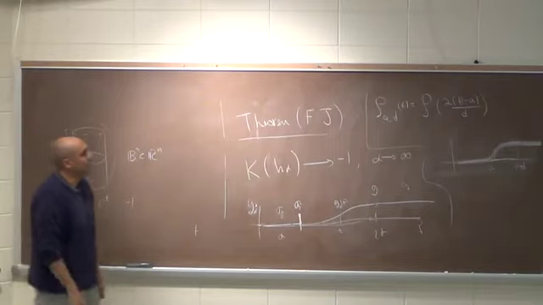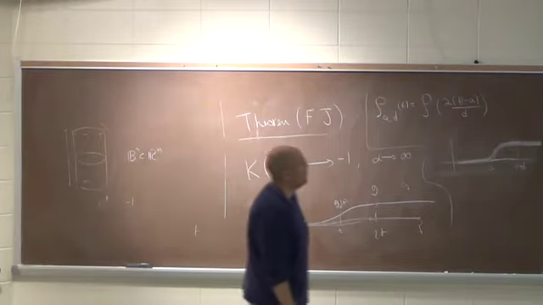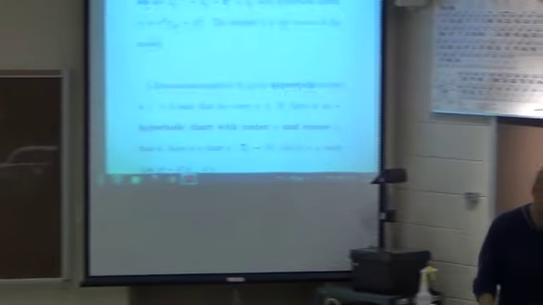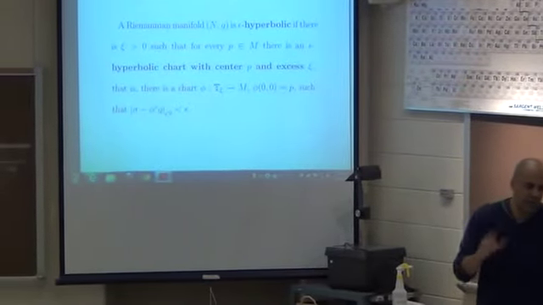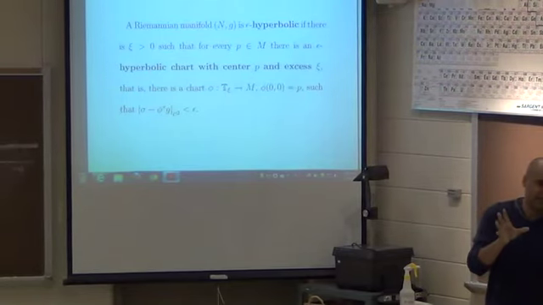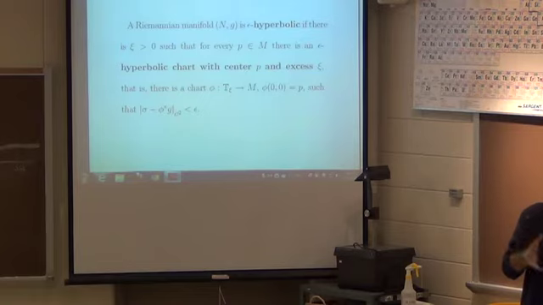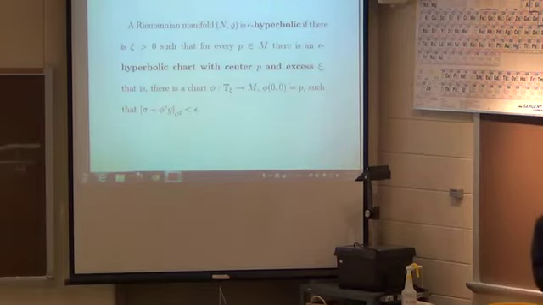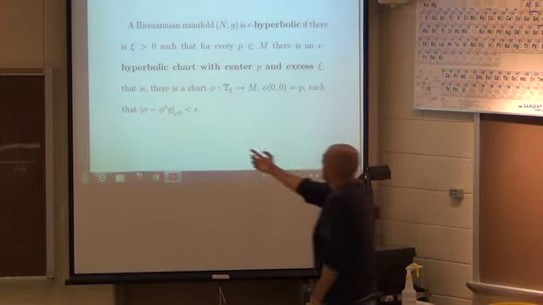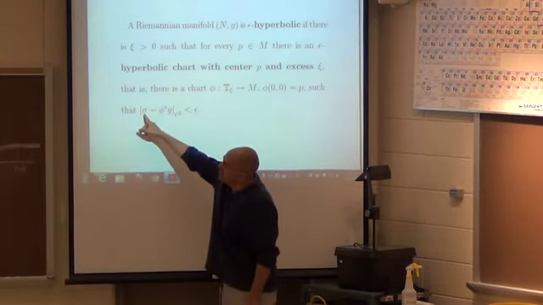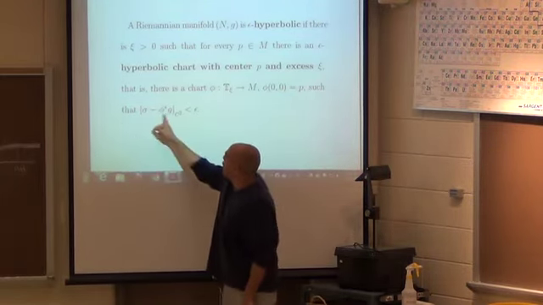And then I say that a metric on a manifold is epsilon close to hyperbolic if every point has a chart, an epsilon hyperbolic chart. That means for every point there is a chart, so that you pull back the metric, you compare the pullback metric with the metric in the model, the exponential one, and they are close.